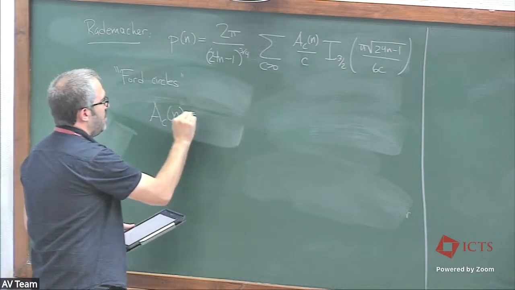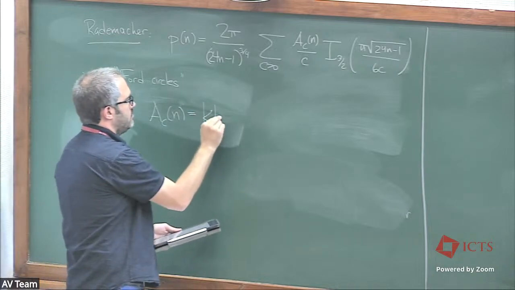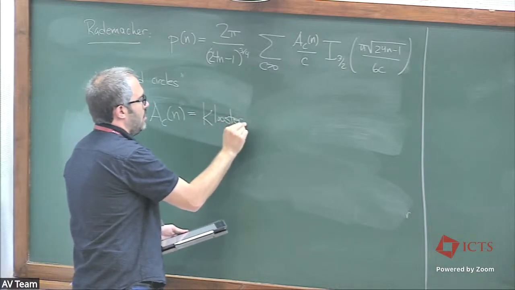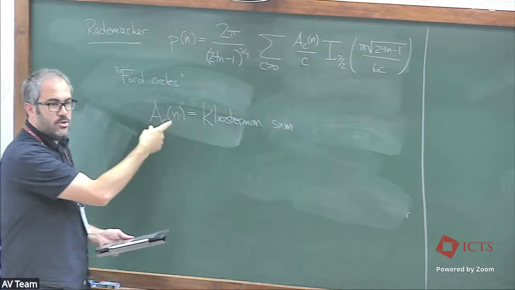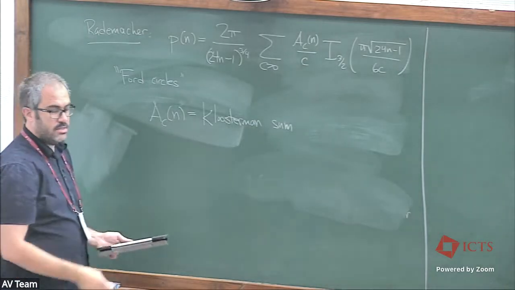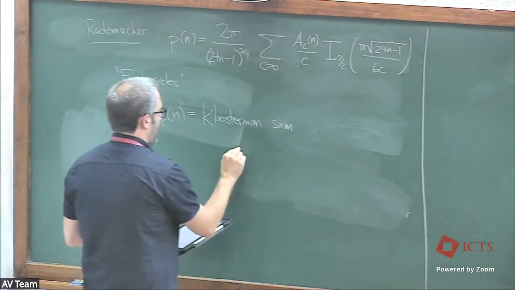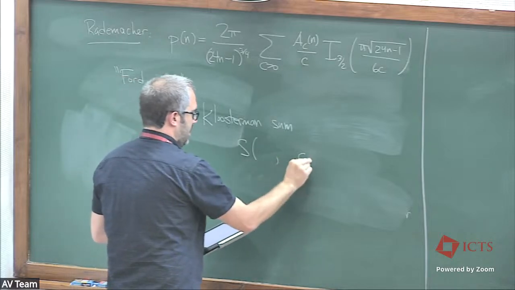So A_c of n is a Kloosterman sum. And this is actually one of the Kloosterman sums that we've seen already. I just didn't call it A_c of n, I called it something else. I called it S(m, n, c, nu).